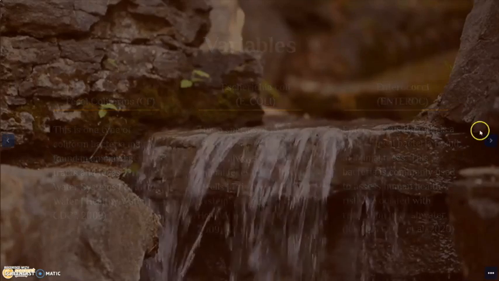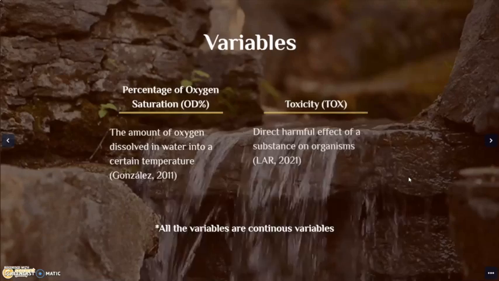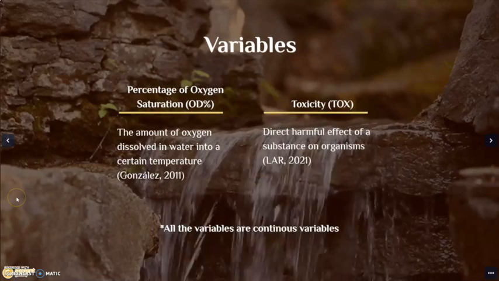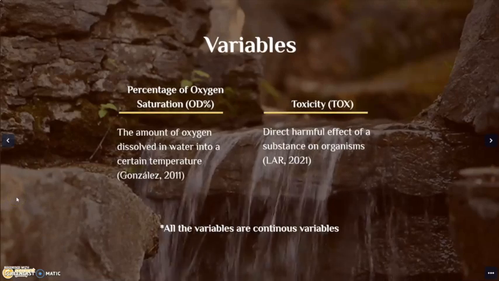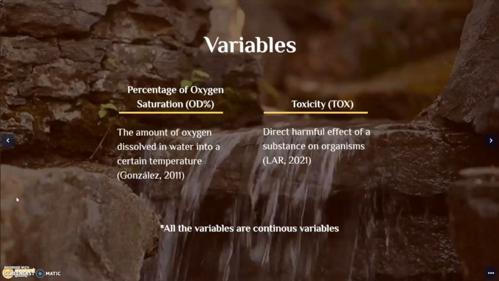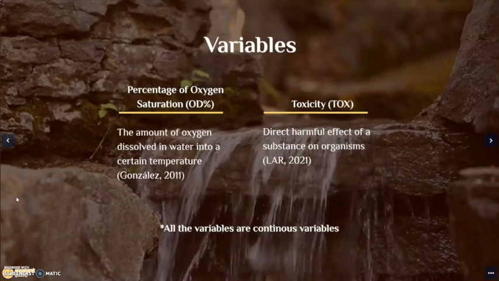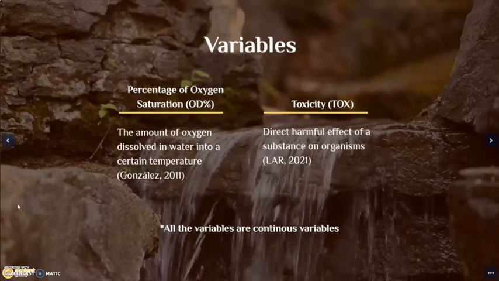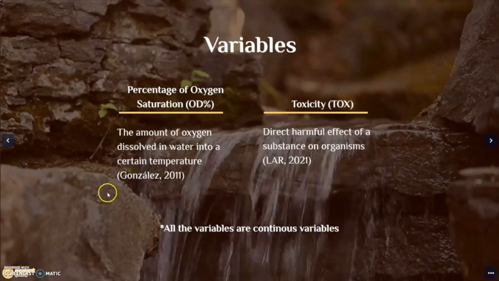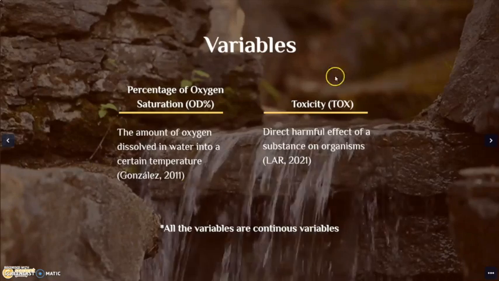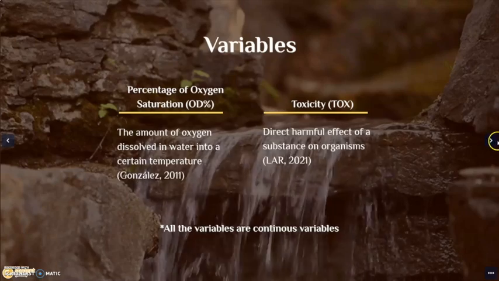Finally, we have the percentage of oxygen saturation, which is the amount of oxygen dissolved in water at a certain temperature. And finally, toxicity, which is a direct harmful effect of a substance on organisms. All of these variables are continuous variables.